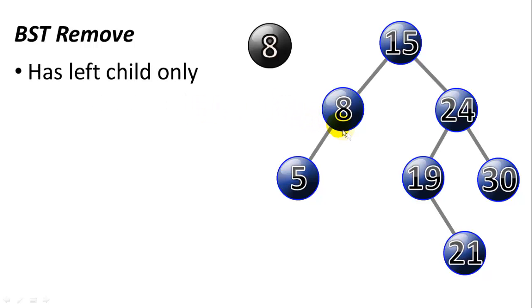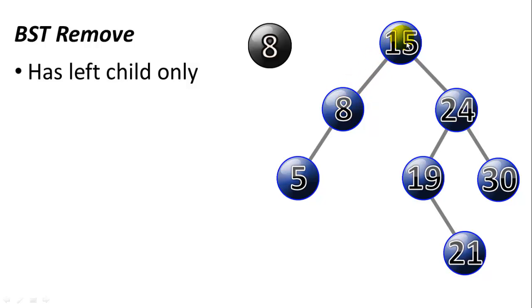Now another instance: if someone wants to remove an 8 from this tree, we can see that 8 has one left child. There are two different possibilities. The node that we're trying to remove has only one left child, and it could be a left child or a right child of the parent.